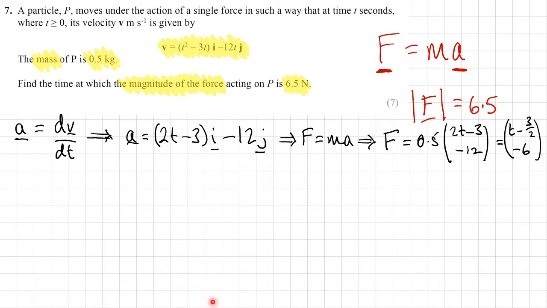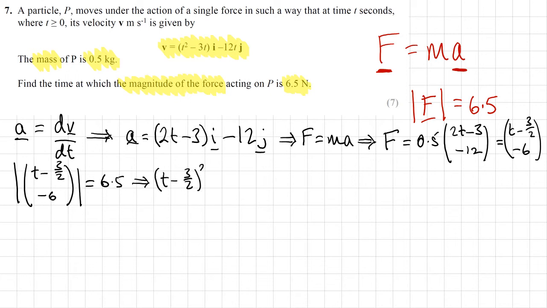Right, now I know that the size of this, the magnitude of this, is 6.5. So the magnitude of this vector is equal to 6.5. Now how would we find the magnitude of the size of this? We would do Pythagoras. So that's going to be t minus 3 over 2 all squared plus negative 6 all squared.